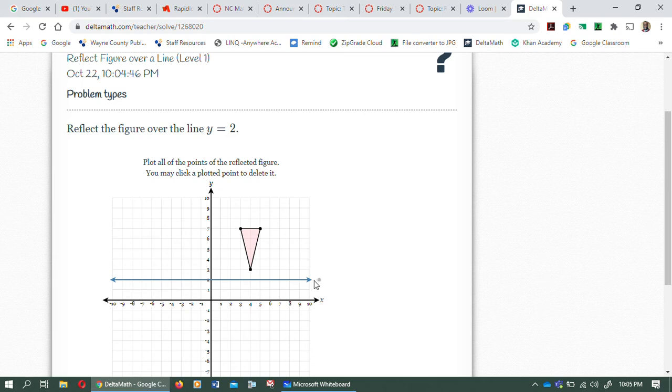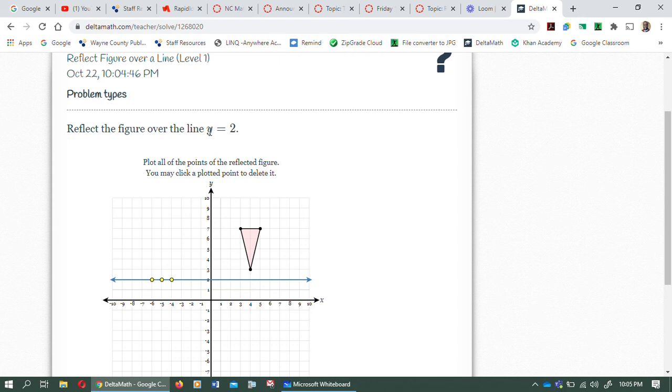Okay, so this one here is asking you to reflect this figure over the horizontal line y equals 2. I might have mentioned before that the reason the equation of this horizontal line is y equals 2 is because every single point on that horizontal line has the same y value, the y value of 2.